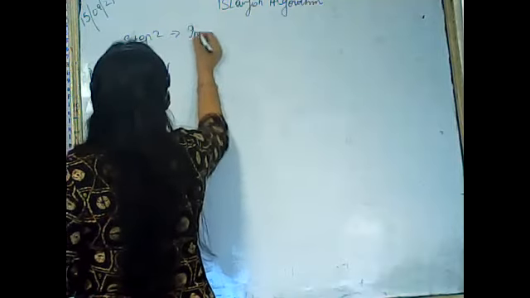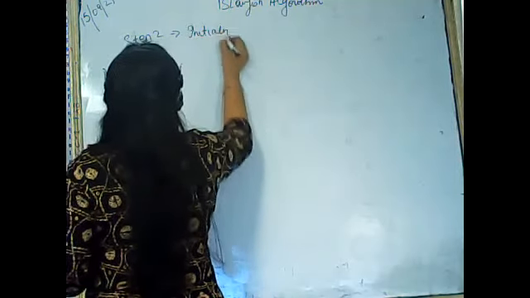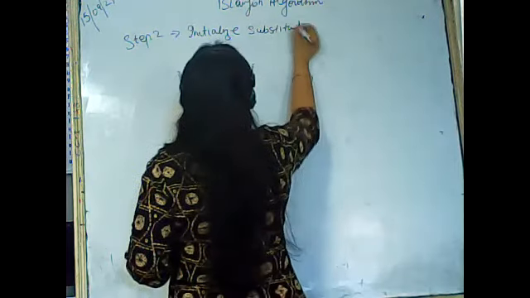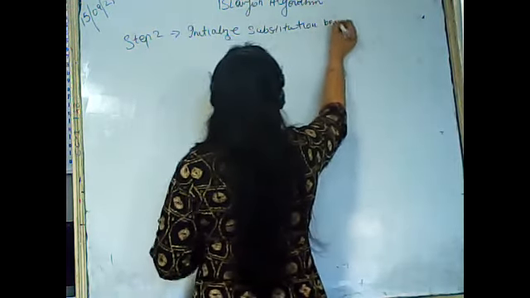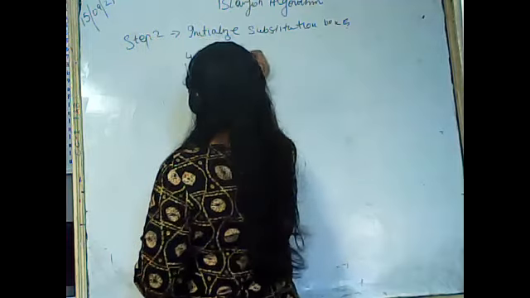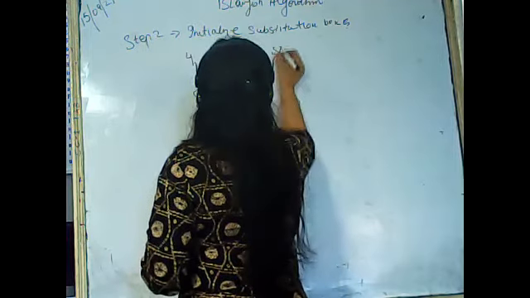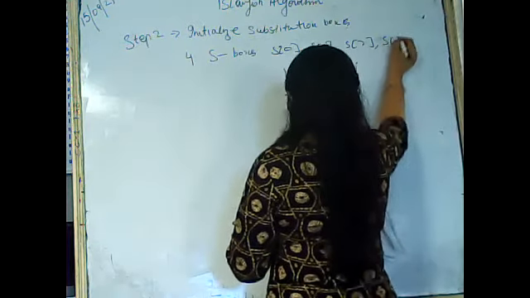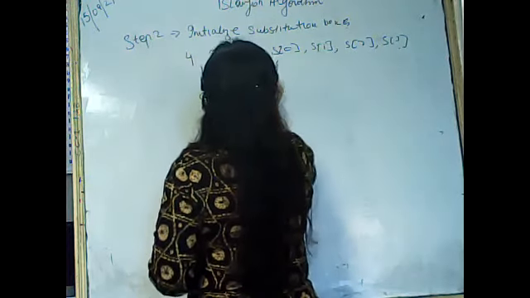Step 2 will be initialize substitution boxes. So earlier I already told you that we have four substitution boxes here, that is S0, S1, S2 and S3. Okay, that is used for decryption and encryption.